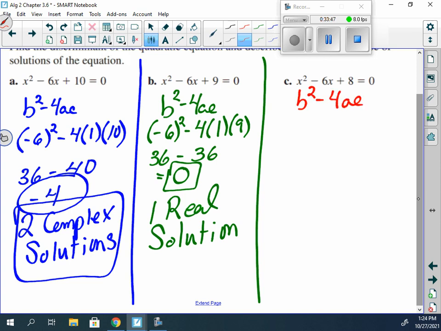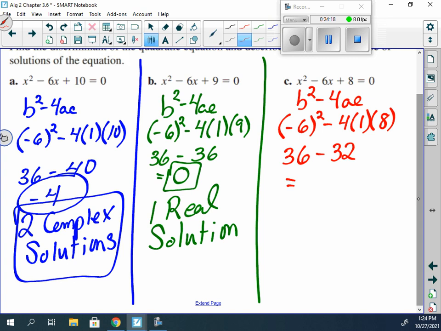And let's look at the last one, C. So b squared minus 4ac is the discriminant. Well, our value b would be -6, so we have -6 squared minus 4 times a, which is still 1, and c is 8. Well, -6 squared is 36. 4 times 1 is 4, times 8 is 32.